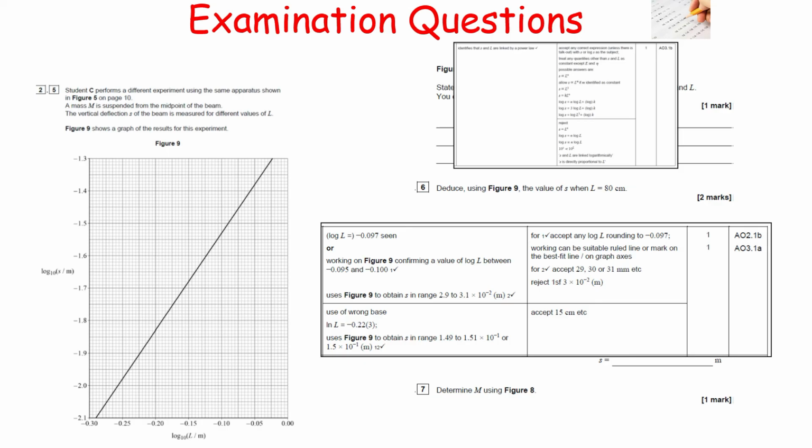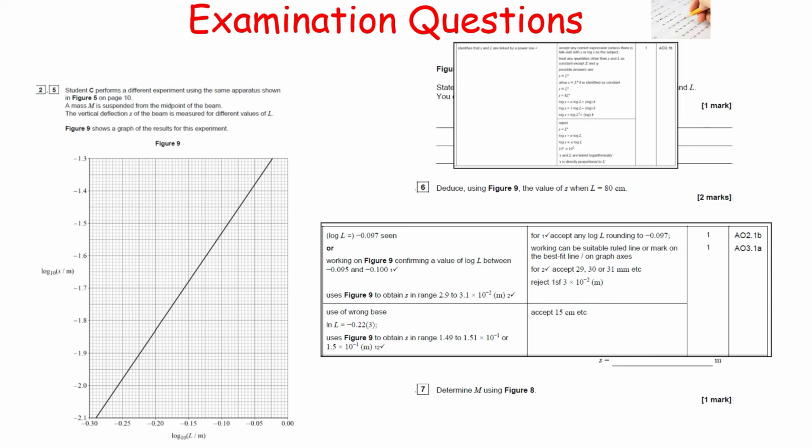It's the value on your particular graph, so it's going to be minus 0.097. Then you can use figure 9 to work out what S is going to be, because you can work it across and link it in as such. So you can get your value to be about 3.1 times 10 to the minus 2. Be careful that we're using log 10, the base 10, not a natural log, otherwise you won't get the right answer.